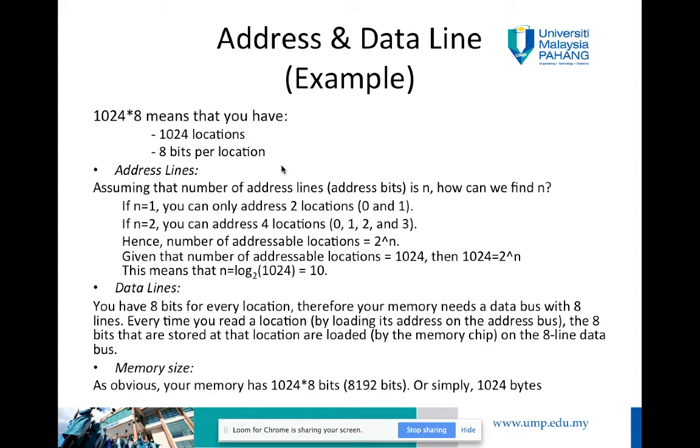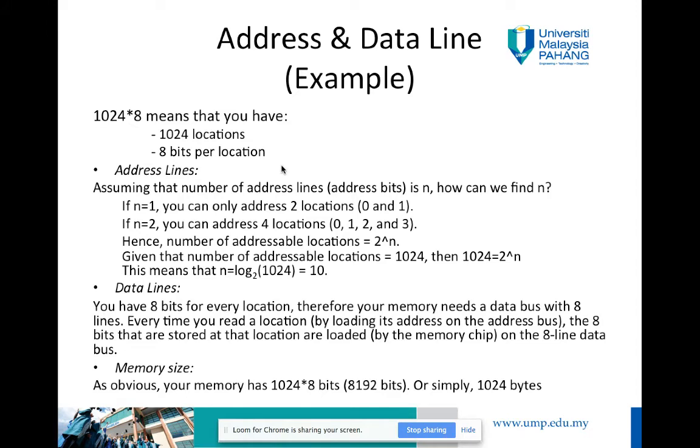Next is the address and data line example. What does 1024 multiplied by 8 mean?